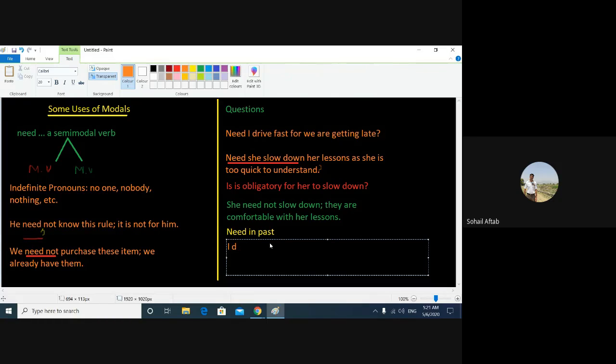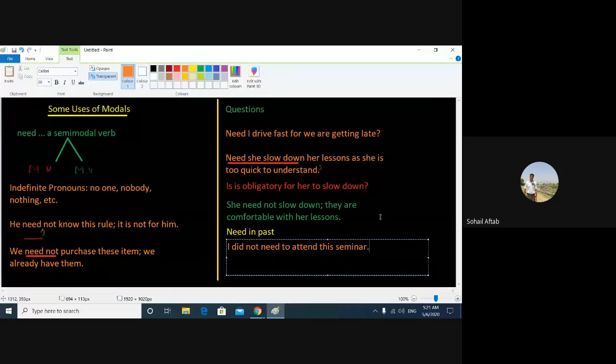I did not need to attend this seminar. Okay. So here exactly what you have done, you can use did not structure, then simple base form of need, and then the rest of the sentence.